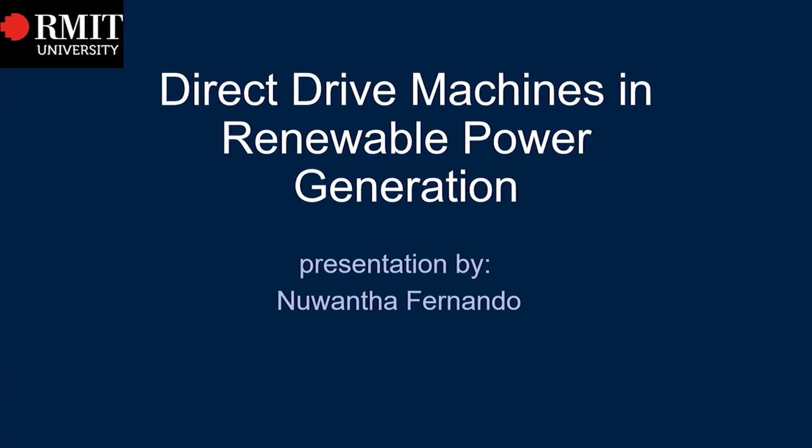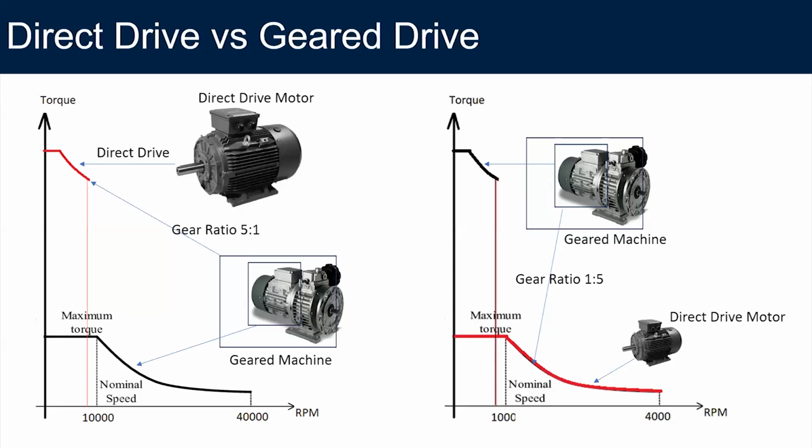So just to start off with, I'll introduce the concept of direct drive machines. And obviously, you've heard of geared drive machines. So this is a snapshot, a summary of what we are looking at. On the left side, we have a torque speed profile.